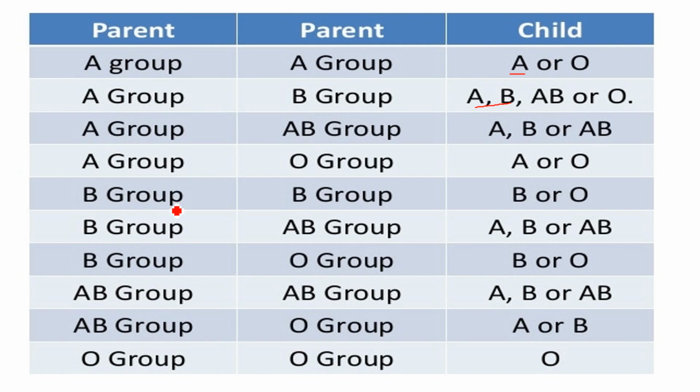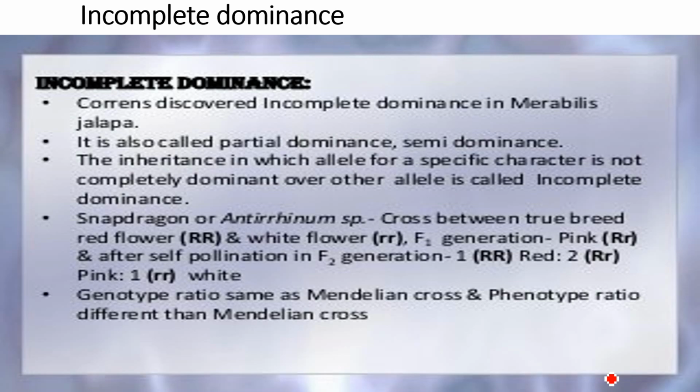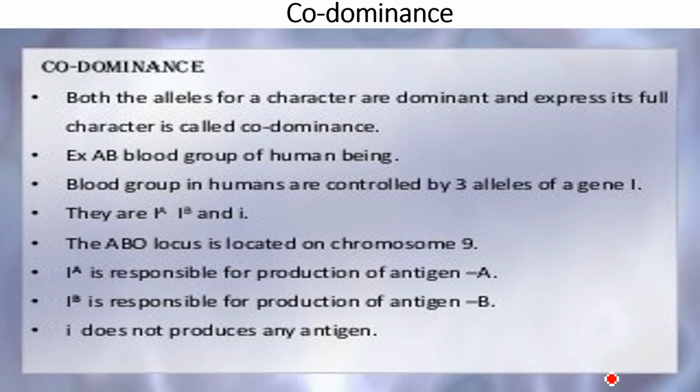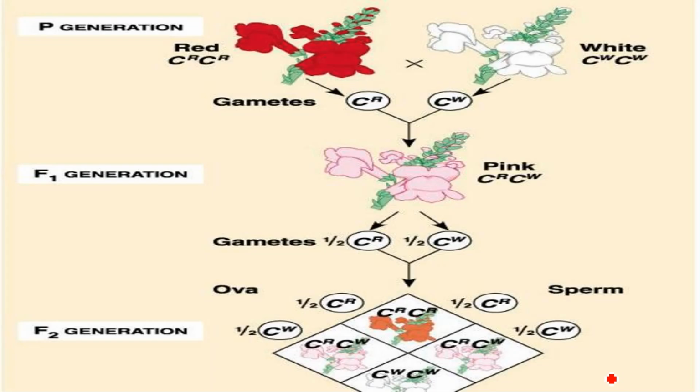A and O: A or O. B and B: B or O. B and AB: A, B or AB. B and O: B or O. AB and AB: A, B or AB. AB and O: A or B. O and O: O. So this is the blood group system in human beings.